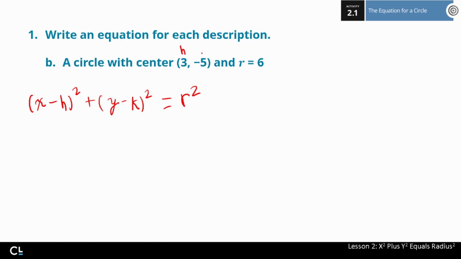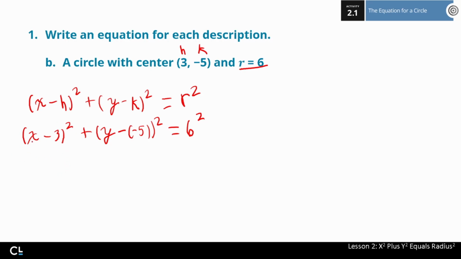We know that h is here, k is there, and this is my r. Let's substitute everything in, and we get (x minus 3) squared plus (y minus negative 5) squared equals 6 squared.